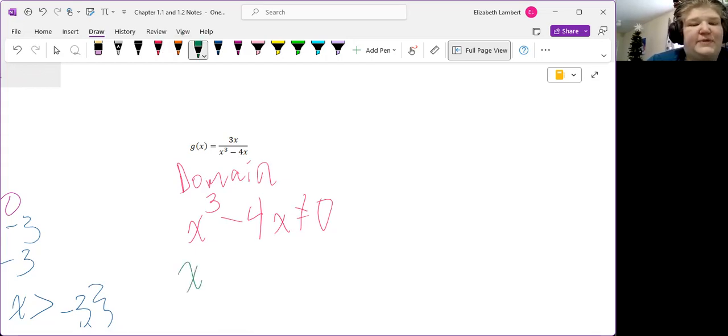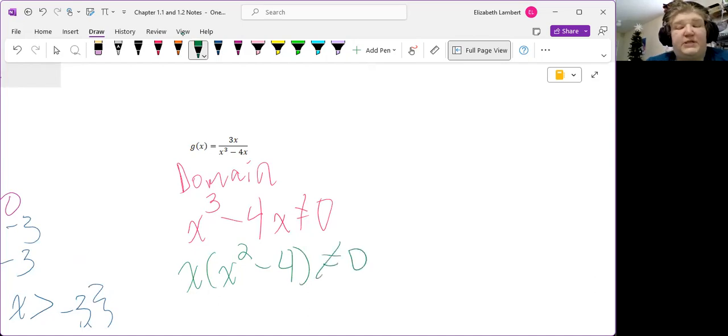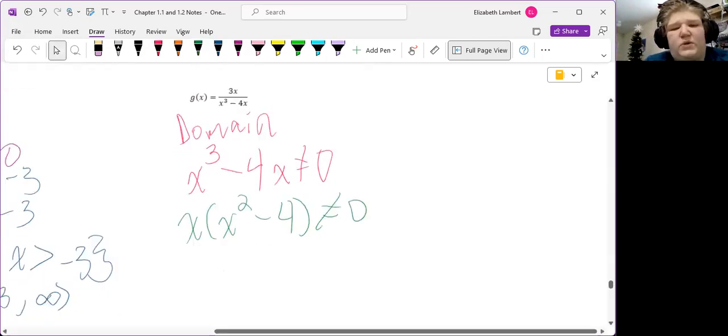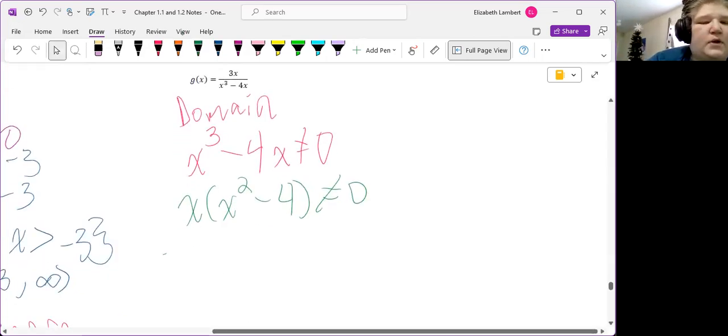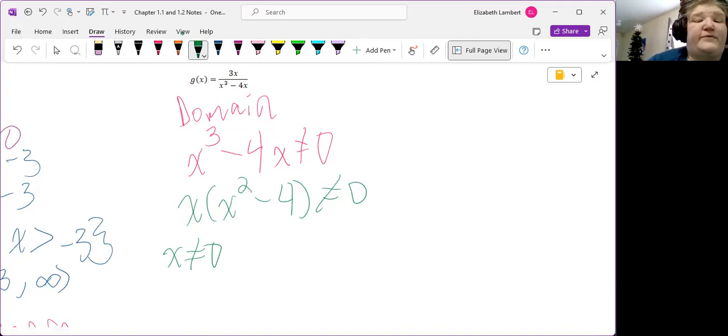So that's our first step, I pull the x out. I have x squared left, minus 4. This is not allowed to be 0. Now, the same way we split this when it's equal to 0, we can do the same for not equal to 0. So one of our values is 0 itself. X is not allowed to be 0 for this particular graph.